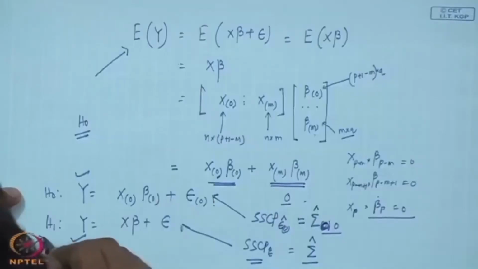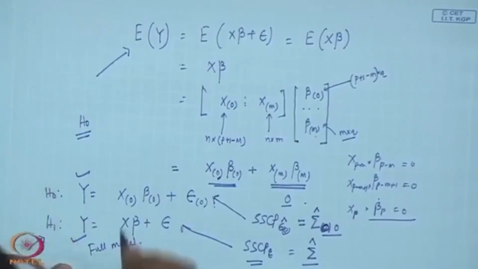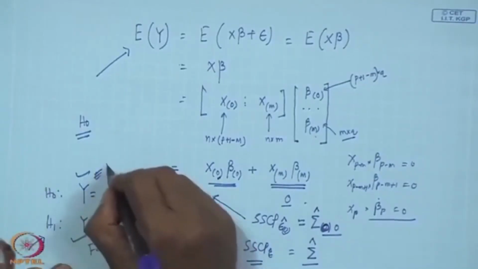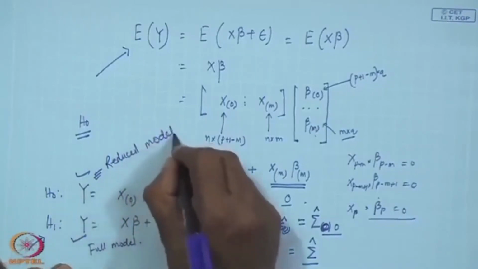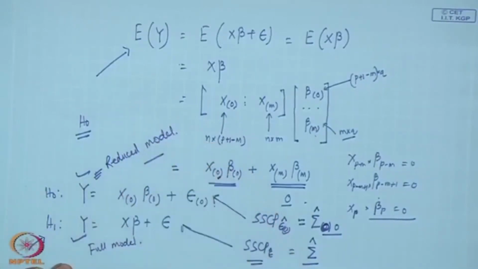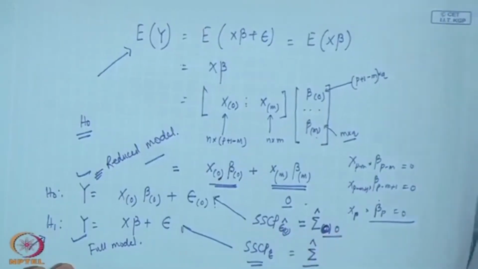So if I say under H1 this model is my full model, and under H0 this model is the reduced model, the SSCP error matrix will be more or less equal.